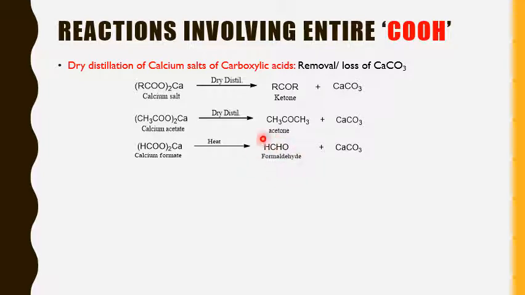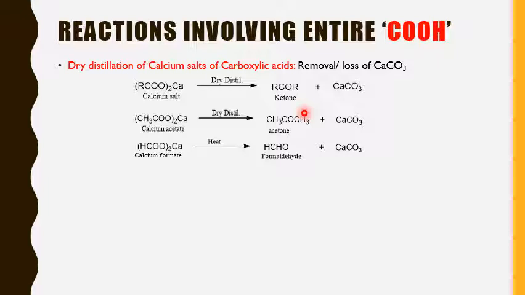So it is an aldehyde functional group, not a ketone functional group. That's why, when I was giving you the reaction introduction, I told you that heating calcium salts of carboxylic acid will give the formation of either an aldehyde or a ketone, especially carbonyl compounds, depending upon the type of R group.